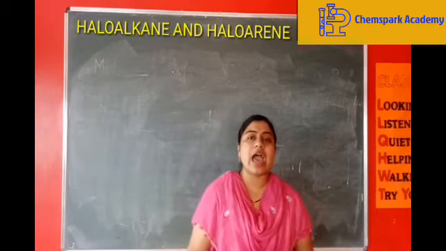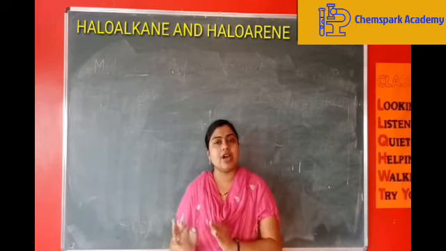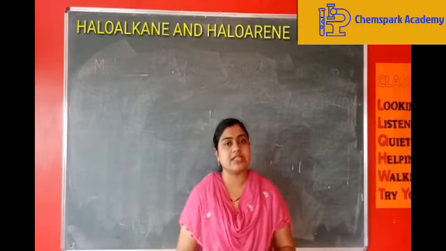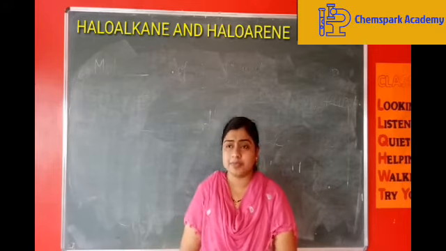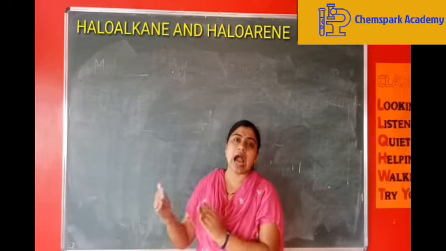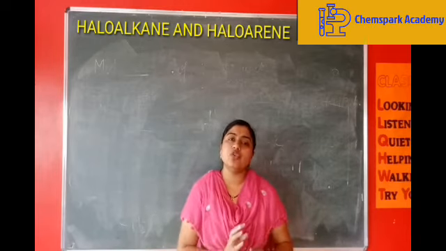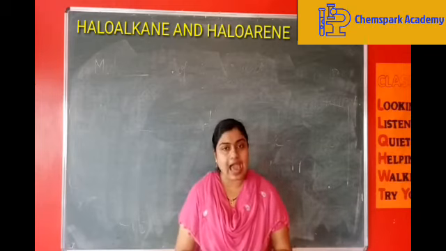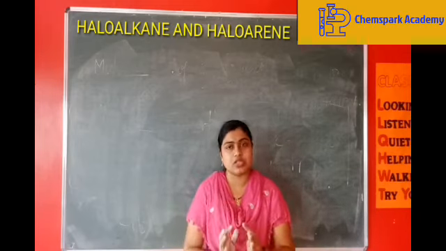So till now we have seen four differences, and those are that SN1 will be completed in two steps, SN2 will be completed in one step. SN1 reaction will have the formation of a carbocation, that is a reaction intermediate, whereas SN2 will not have any intermediate formations. SN2 will have a transition state, whereas SN1 will not have any transition state.